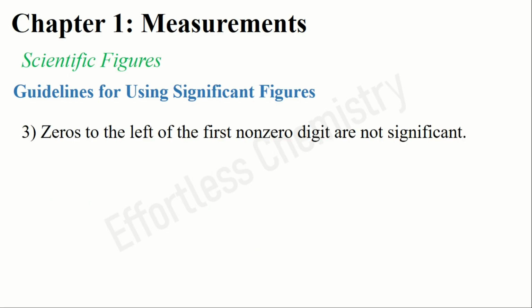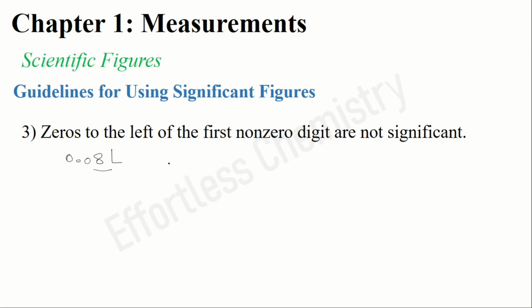Rule number 3: zeros to the left of the first non-zero digit are not significant. Their purpose is to indicate the placement of the decimal point. For example, 0.08 liter contains 1 significant figure, only 8.